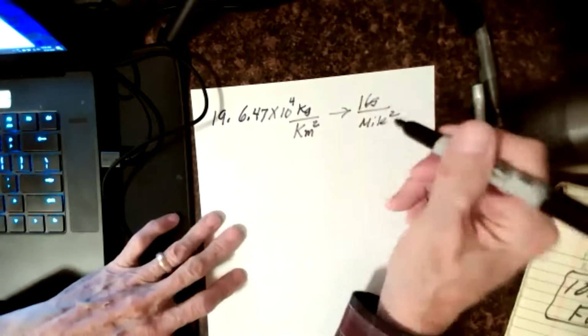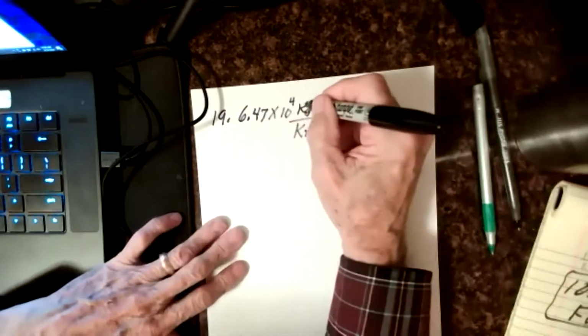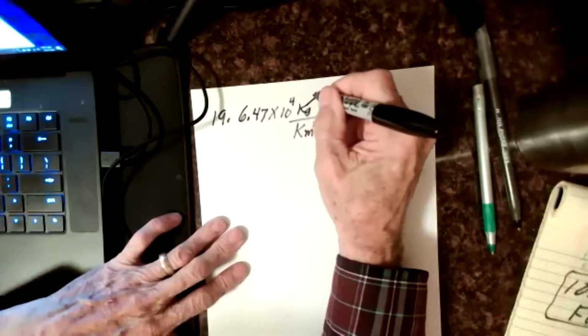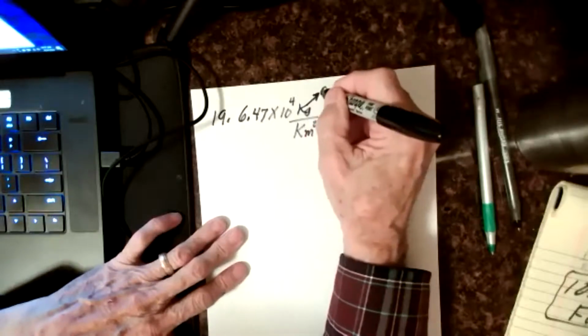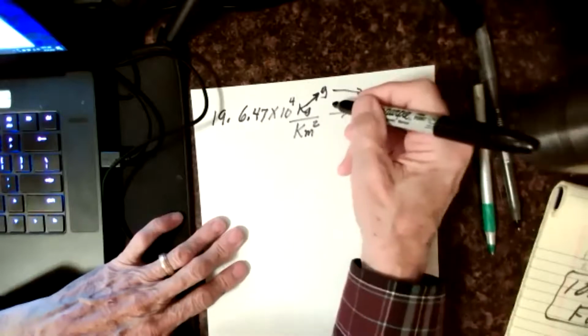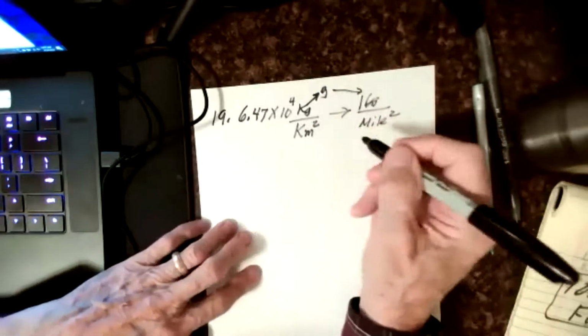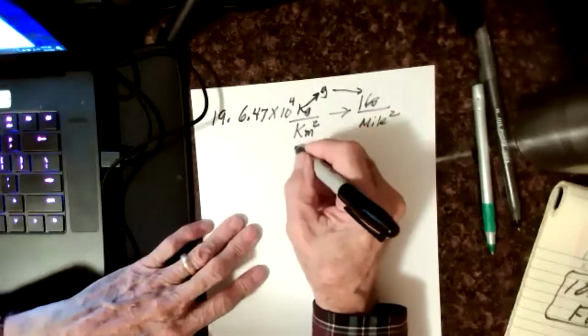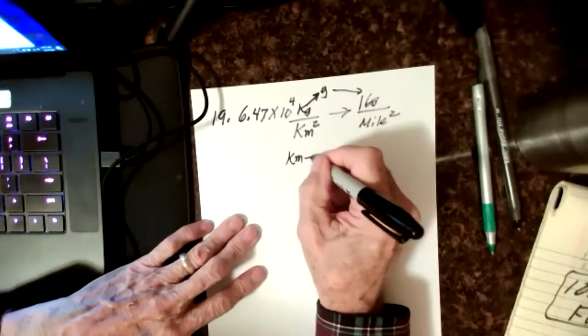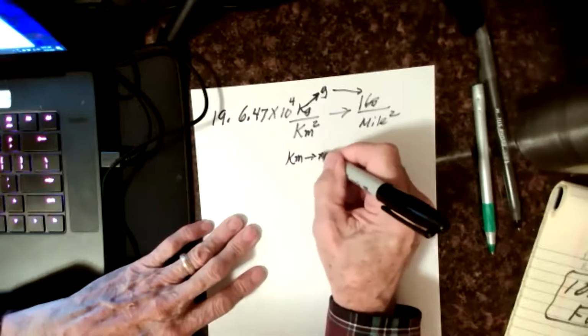Okay, so we've got a ways to go. I'm going to go to kilograms to pounds. The only way I know to do is go kilograms to grams and grams to pounds. I'm good there. Now, the kilometers, I'm going to go to meters.